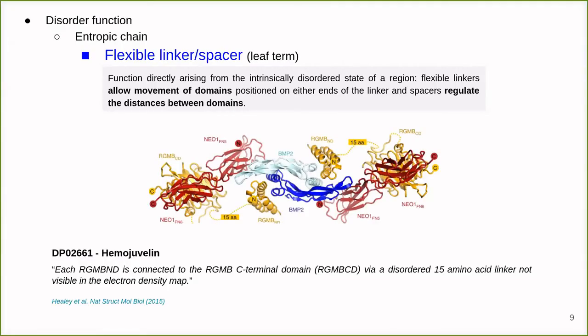The flexible linker spacer term is a leaf term, and in this case, it shows that a region is used to allow movement of domains or regulate the distance between 2 domains. In this protein, this is the identifier.